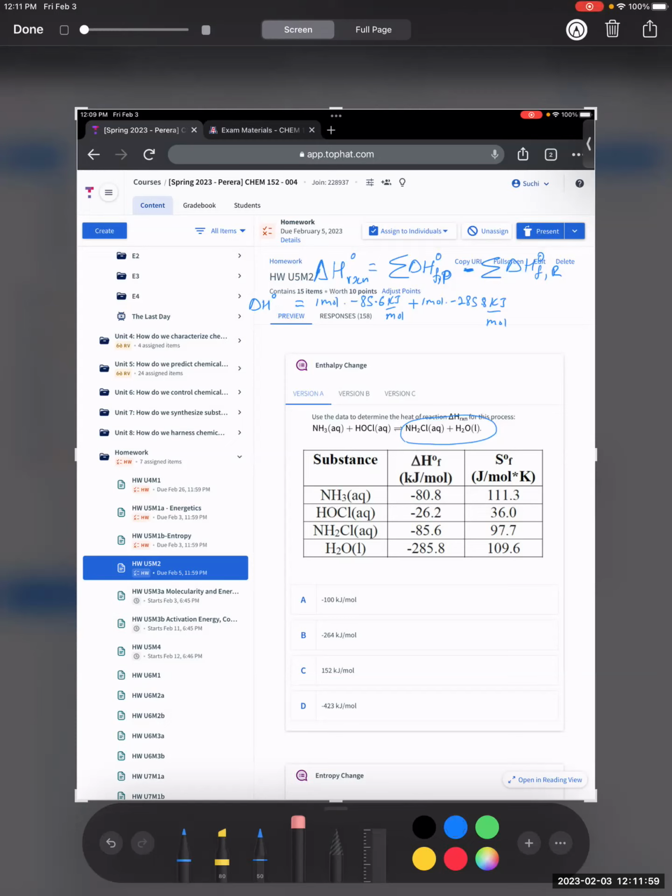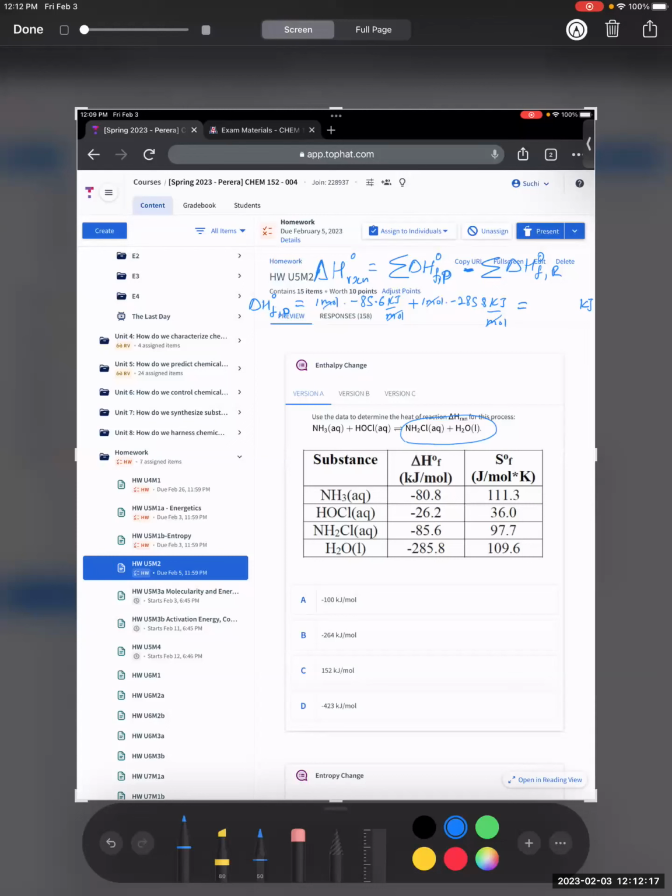So let's calculate the formation enthalpies of products and reactants separately. If you do this, moles cancel out, and you're going to end up with a value which has units of kilojoules.